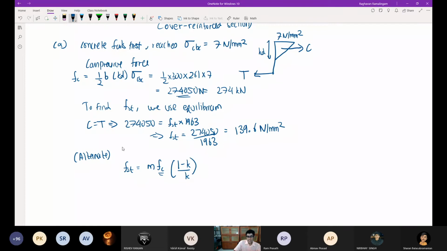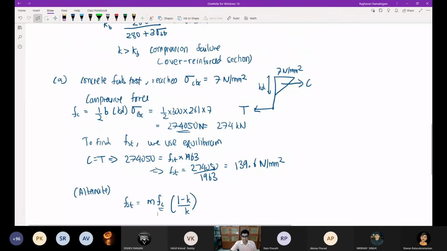Now see, FC means whatever is the stress in concrete for the load that you are considering. It just so happens for us in this case that the stress in concrete is equal to the permissible itself. Because we have a compression failure, or an over-reinforced section, our stress in concrete will be the same as sigma CBC, meaning that the stress in concrete has reached its limit.